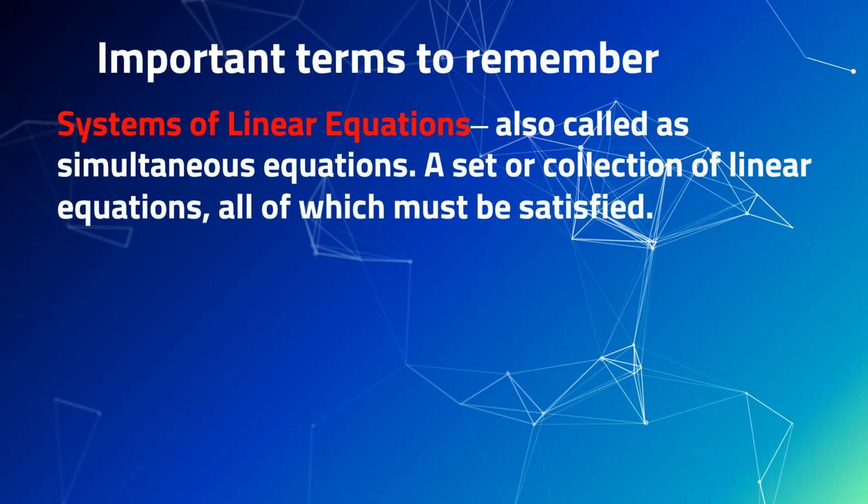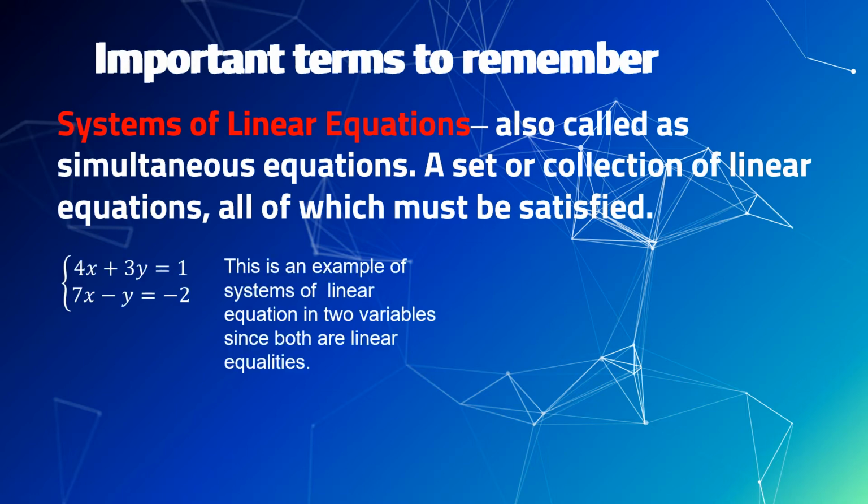The first one is what we call the system of linear equations. This is also called simultaneous equations. This is a set or collection of linear equations, all of which must be satisfied. This one is an example of a system of linear equations in two variables, since both are linear equations.